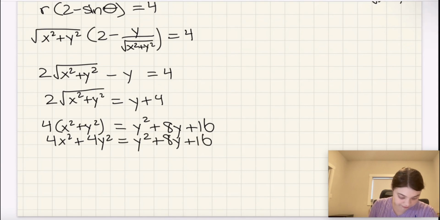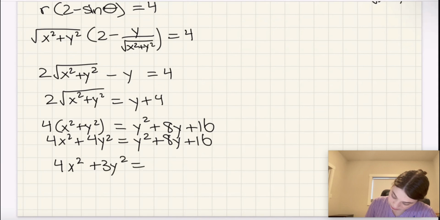So therefore, let's move everything with y on the same side here. We will end up with 4x squared plus 3y squared is equal to 8y plus 16.